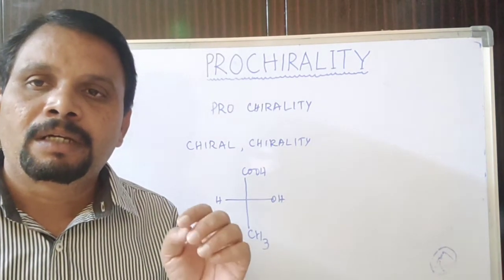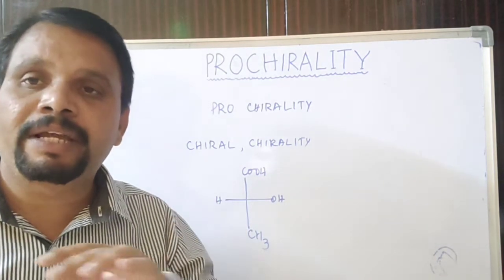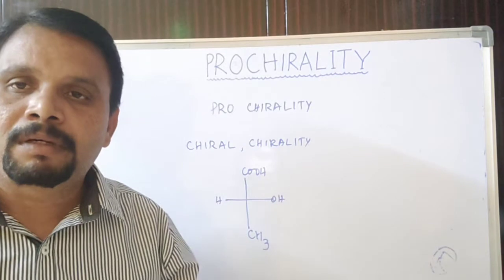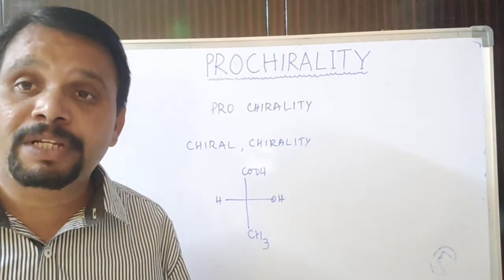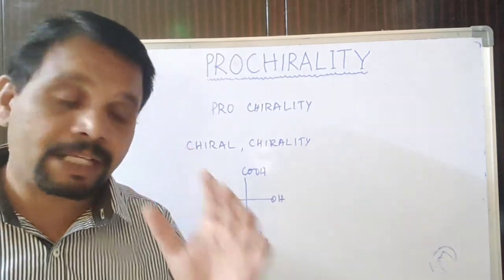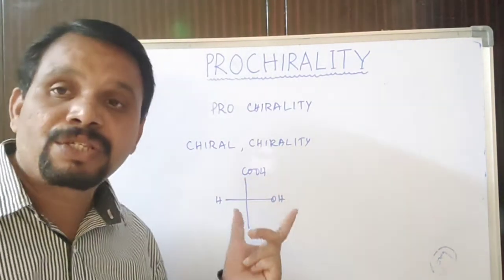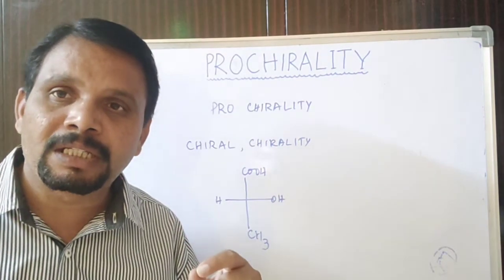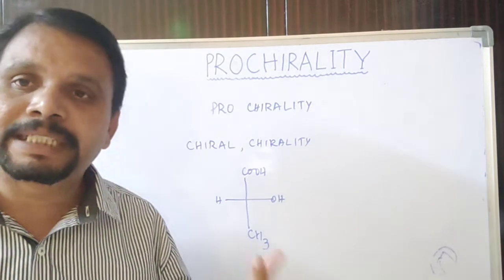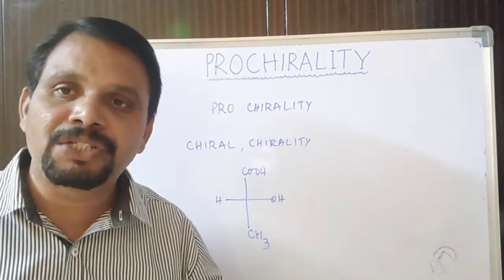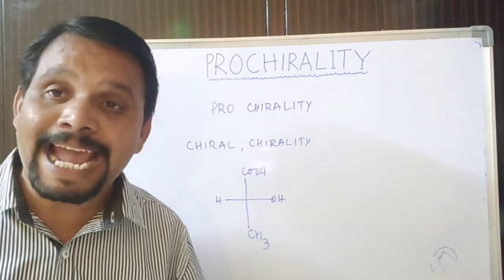In another way, that molecule does not have any symmetry elements in it, like plane of symmetry, center of symmetry, alternate axis of symmetry. That's why it has a beautiful property, that is chirality. With that property, it can rotate plane polarized light towards right or left. That means it is optically active.